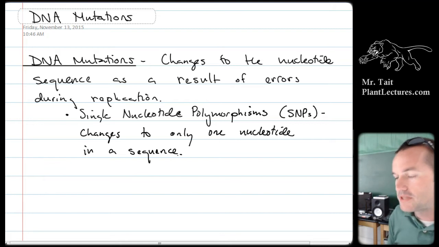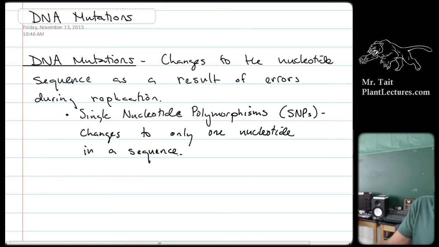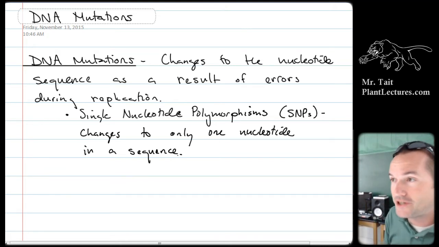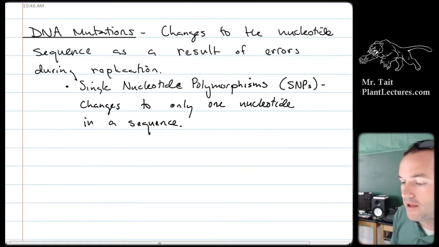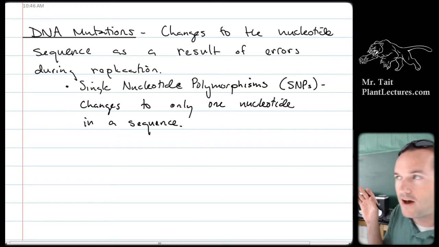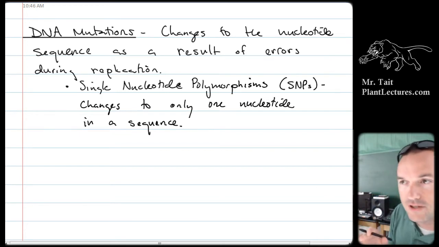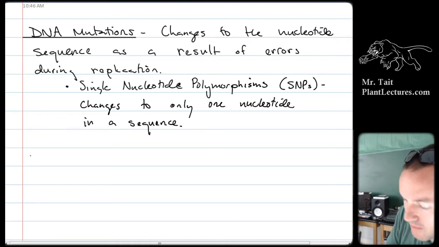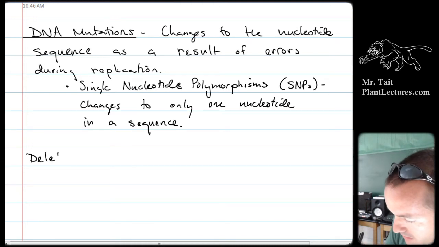Sometimes single nucleotide polymorphisms can cause extreme changes in a gene, okay, and that's what we're going to talk about first. If you have a single nucleotide polymorphism that causes either a deletion or an insertion, that can cause a serious change to the rest of that sequence. Okay, then let's look at why. Deletions and insertions.